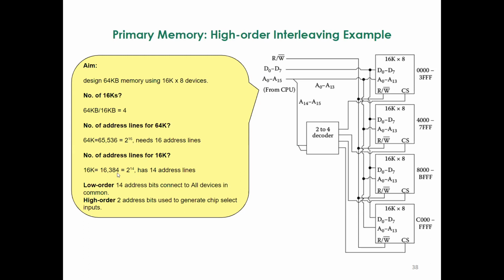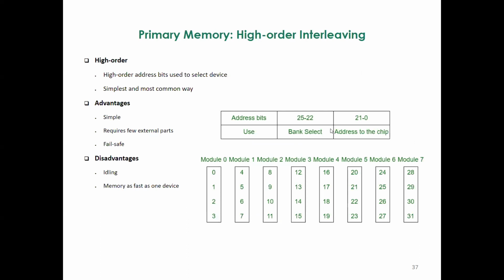And then, since it's high order, pick those higher bits from the address line and use them to select the bank, just as we illustrated here, that you have an address of 26 bits.